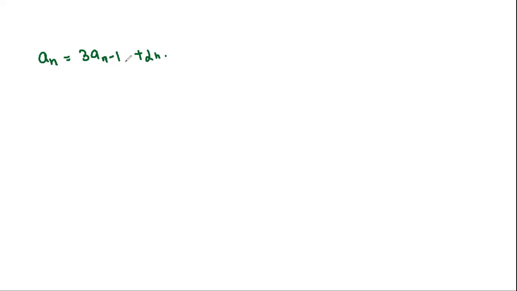So what is the associated linear homogeneous equation? For this problem it is a_n equals 3a_(n-1). That is, we have to exclude the function of n. And what are the solutions? Every time each term will be multiplied with 3.